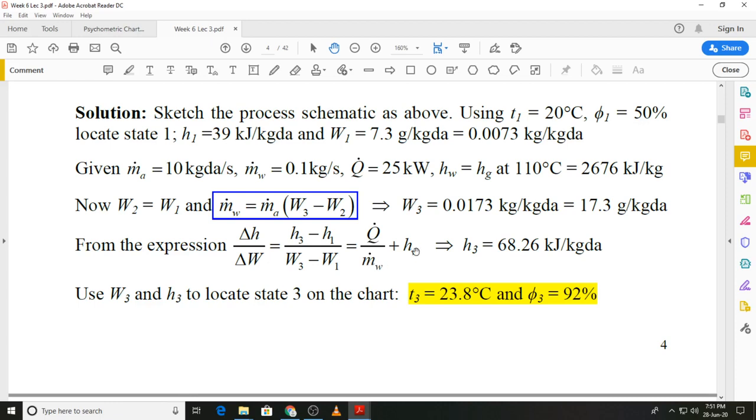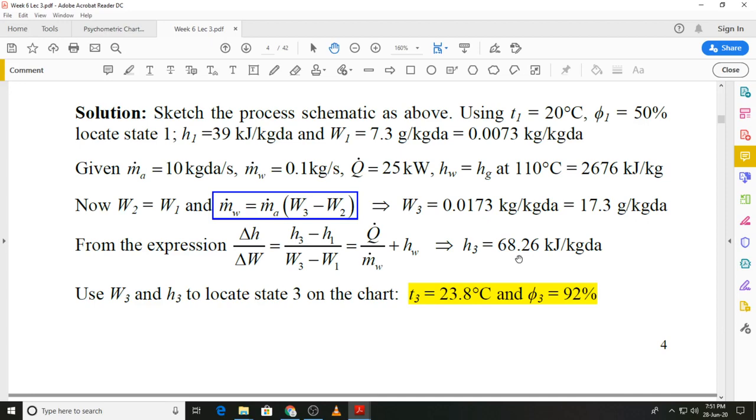Hw is the specific enthalpy of steam at 100 degrees C. You will read that value from the property tables for water, that is table A1, and that is 2676 kilojoules per kilogram. So insert these values over here, and the only unknown was H3, and H3 comes out to be around 68 kilojoules per kilogram dry air.